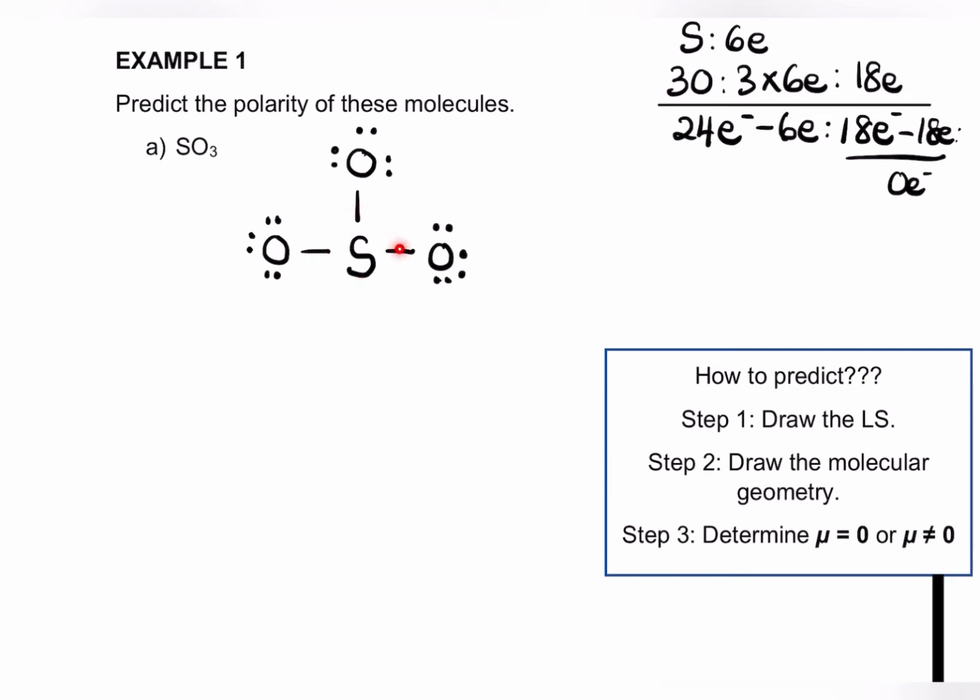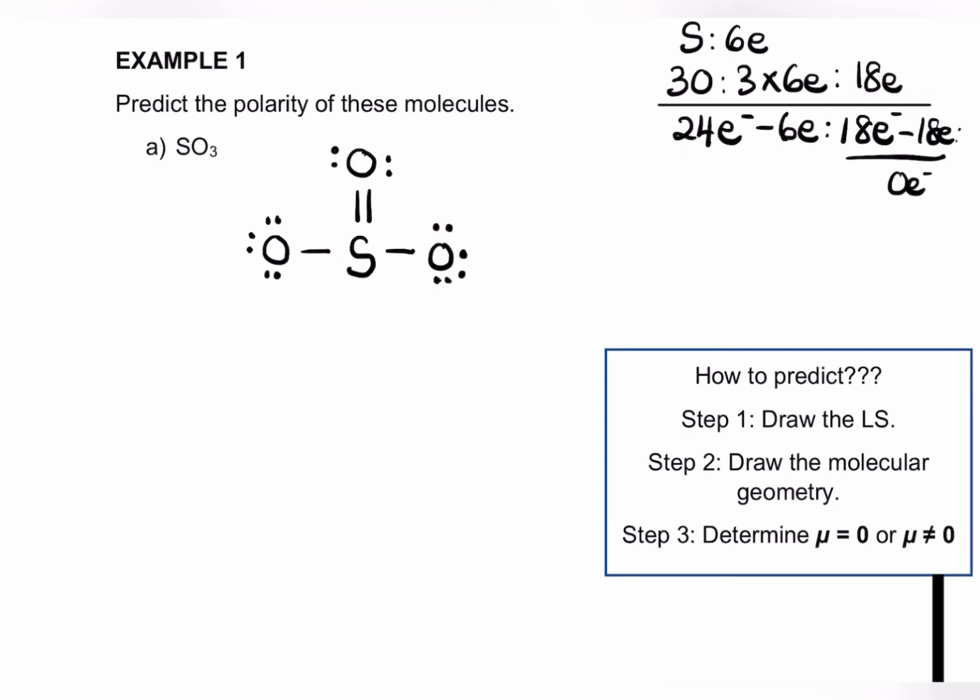So I got 6 electrons. I will rearrange my lone pairs from any oxygen that you prefer. For example, I take it from here. So I will replace this lone pair as a bonding pair. So it will get a double bond. And sulfur is now octet with 8 electrons. So this is the Lewis structure for SO3.